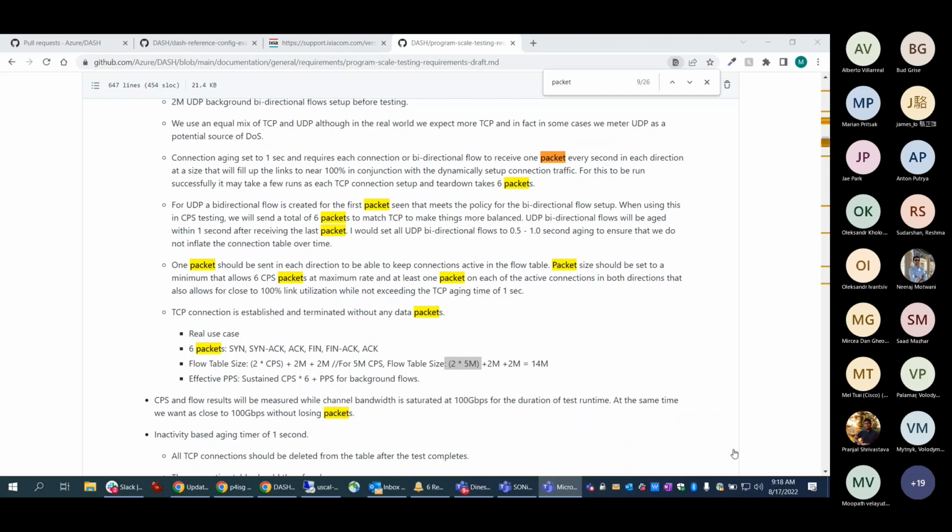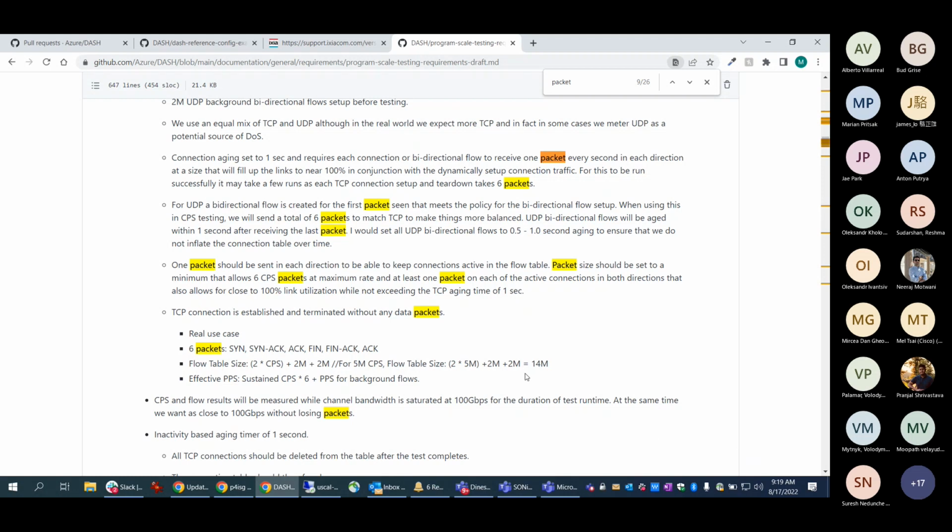Right, so I agree that it would be good to call out the lifetime of the TCP connection. Also, one other comment on this bullet: it's not clear whether it's saying this flow table size is the size of the provisioning of the flow table, because this is the worst case number of flows, based on a 1 second timer with that connections per second.